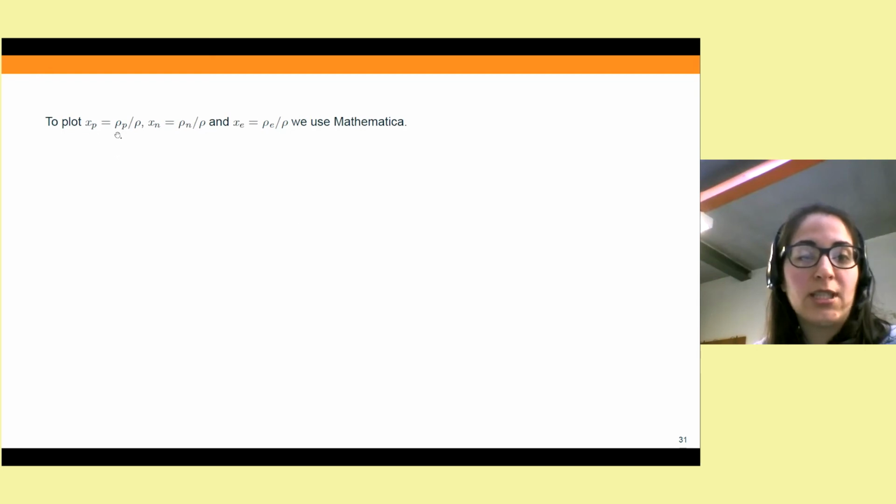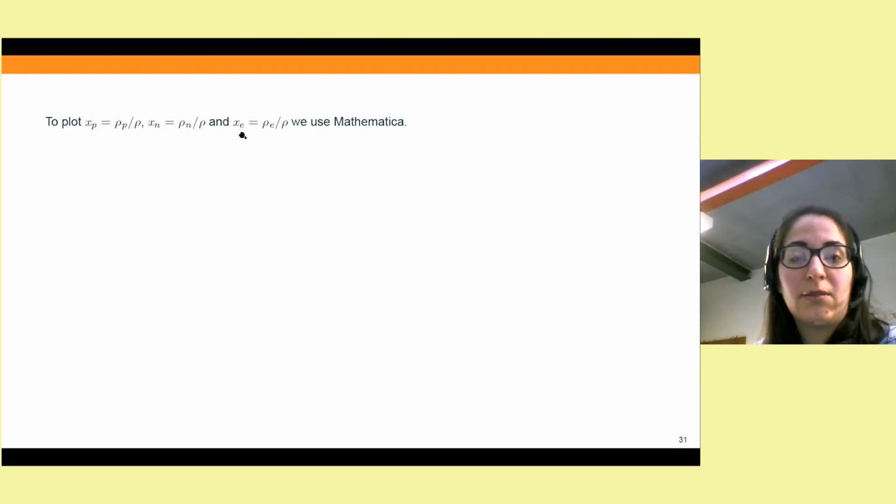So the proton fraction is nothing else but the proton density divided by the total density, and the neutron fraction is the neutron density divided by the total density. And what is the neutron density? It is the total density minus the proton density. So we can also express it in terms of the proton fraction.